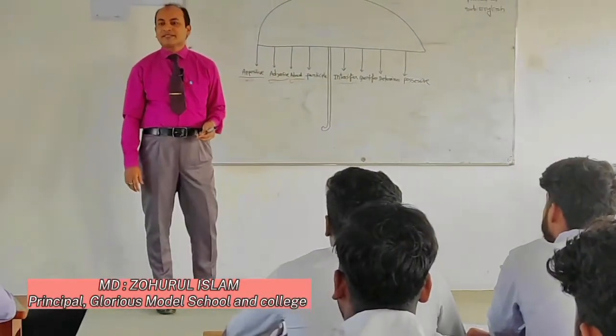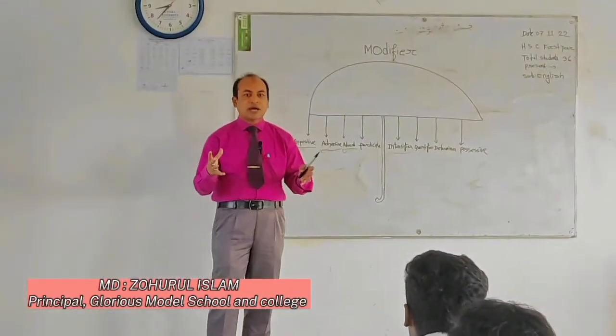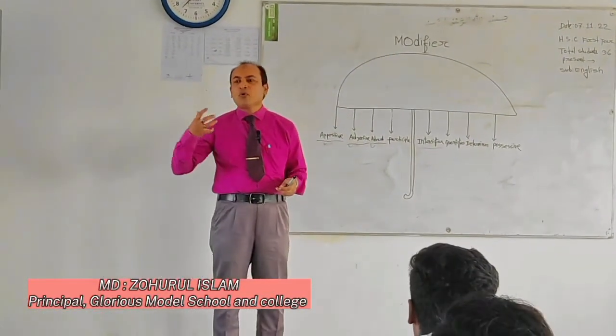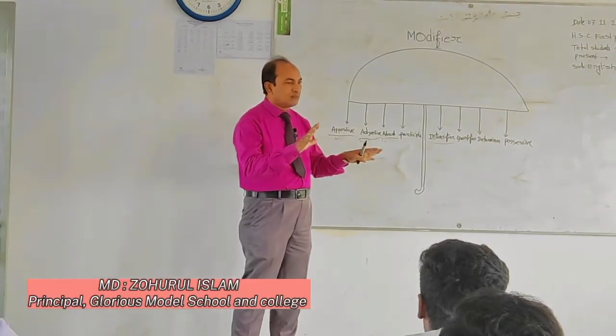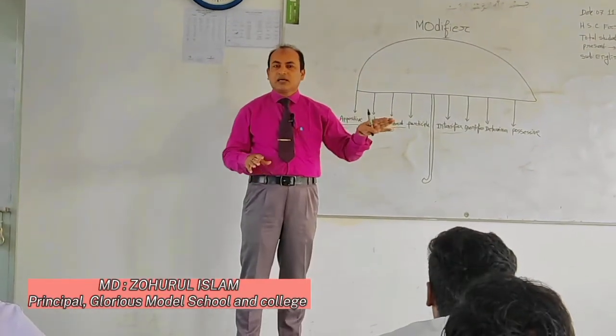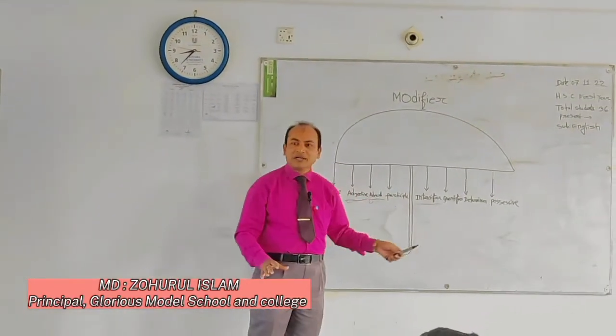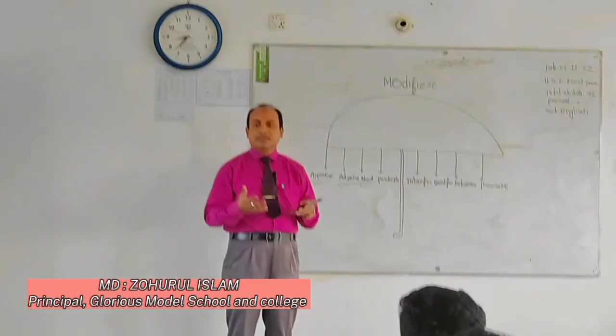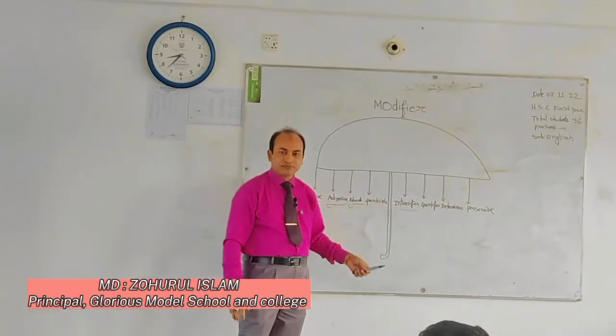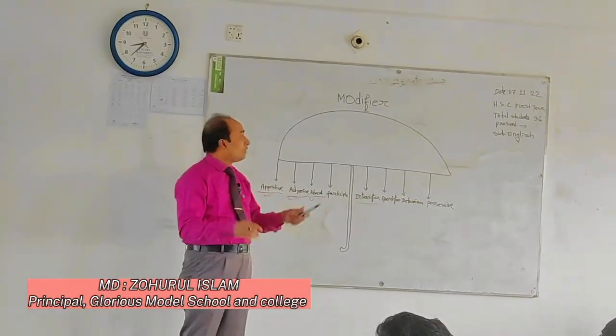Quantifier. Quantifier means number. I have many books. I have 2 books. He has many ideas, just like that. The word that means number is called quantifier. We know modifier.